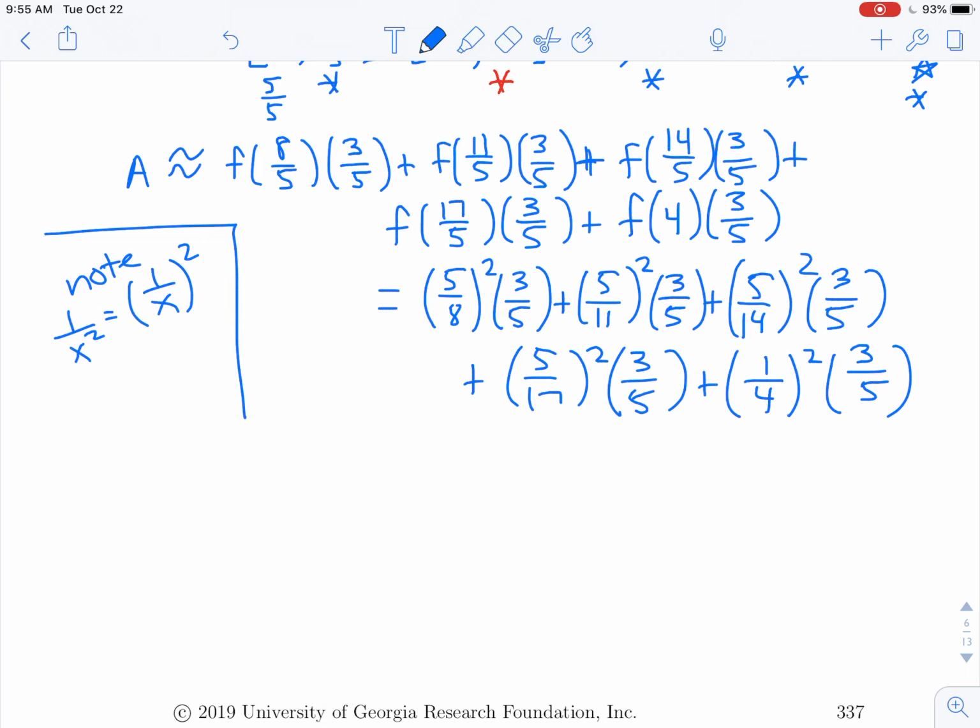And the last part of the question is it over or under? Based off of the picture that we drew, it's definitely an underestimate.